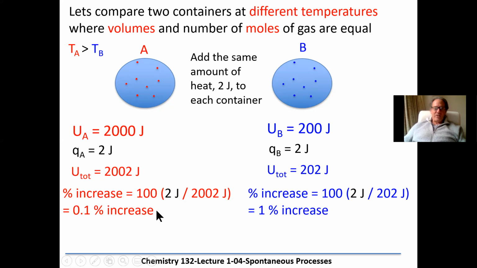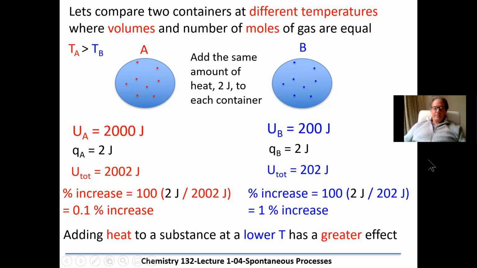We can see there was 10 times more entropy change at the lower temperature than the higher temperature. So entropy changes are more significant for a system that is at a colder temperature than the same system at a higher temperature. Adding heat to a substance at a lower temperature has a greater effect.